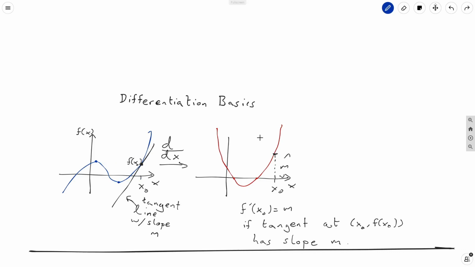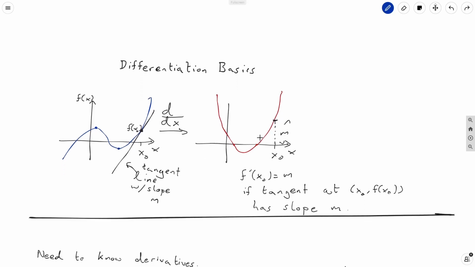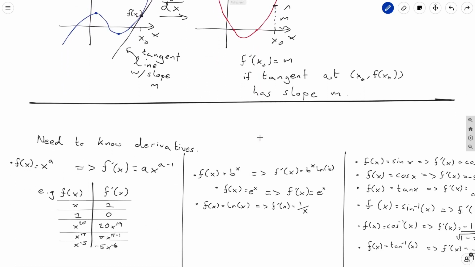So the correspondence here is between these peaks and valleys and the zeros of the derivative. So a zero of the derivative will be a peak or valley in our original curve. So that's the basic idea, that this differentiation operator takes functions to other functions via this rule of their slopes.